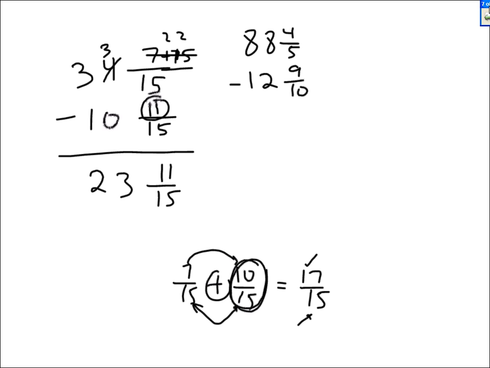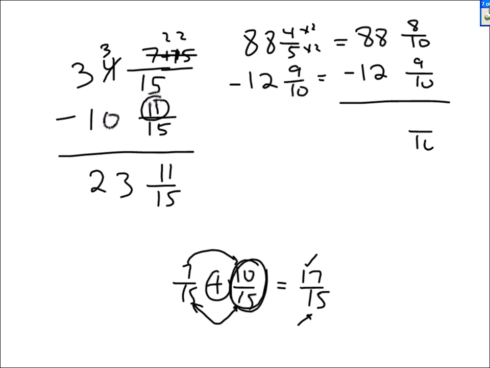The first common multiple will be 10. If you just double the top and the bottom, you'll have 88 and 8/10. And you are going to be taking away 12 and 9/10. Well, the denominators are the same, which is good. 8 take away 9 you can't do.